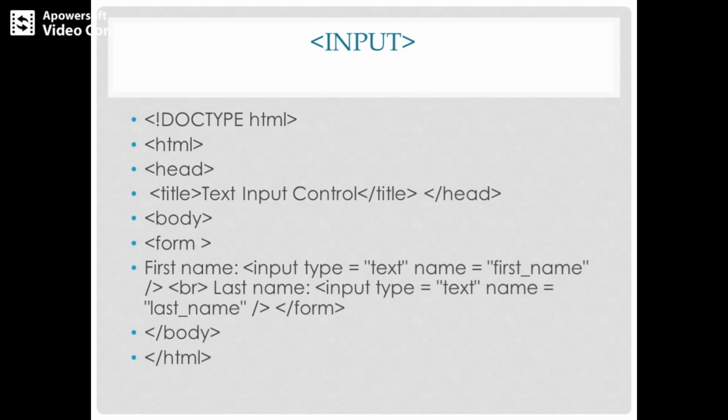Followed by this, we have a break. That is, in the next line, we have the last name, and the last name has to be entered within the box. In the next slide, you'll see the result associated with this input.